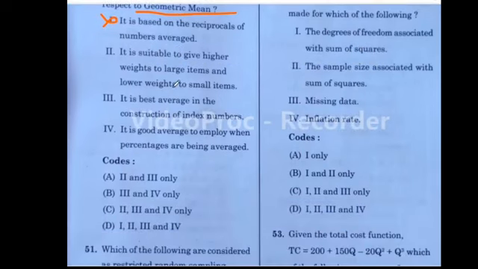Second one, it is suitable to give higher weights to large items and lower weights to small items. This is also wrong here. In geometric mean we give small weights to the large items. So third one, it is the best average in the construction of index number. Fourth, it is a good average to employ when percentages are being averaged. I think third and fourth are correct here. So option B is the right answer.